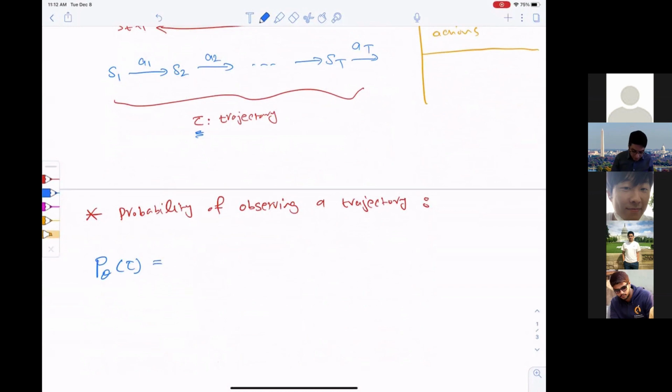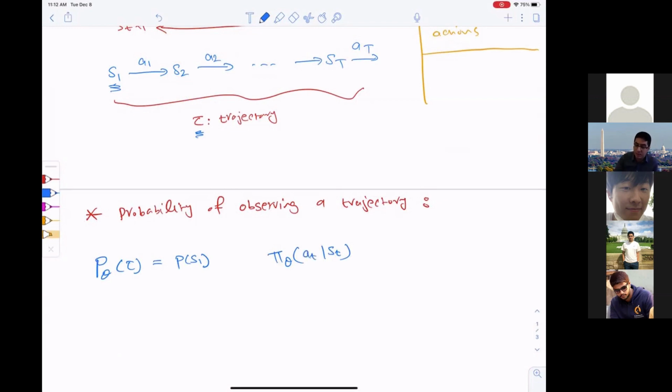So the initial state is just the probability of being in that state, p of s1. And then I'm taking a particular action using the policy network. Let's say I am in state S sub t, and my policy tells me to take this particular action with this probability.